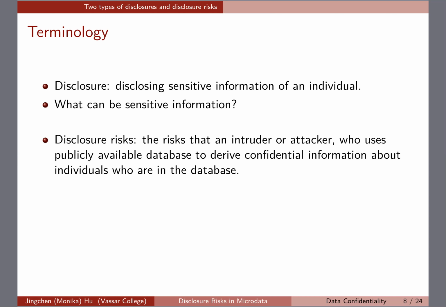Later you will see a different type of disclosure, but we're going to start with identification disclosure, because I think that is the most intuitive in some sense: if you know some information about a person, you want to find out who that person is in the survey or in the sample. And to be sure, in many statistical agencies, before they release their data, identification disclosure is one of the main things they care about, because they don't want to disclose any of the identity. So we're going to focus on that.